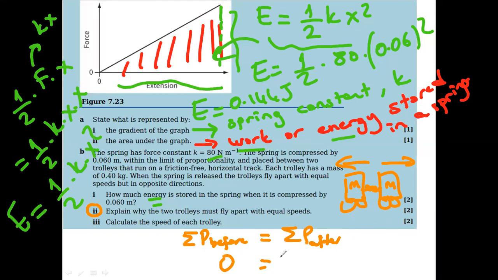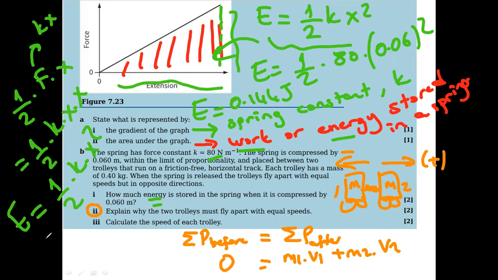So how should we have this one? m1 times v1 plus m2 times v2. If we choose the right side, let's call this one m2, this one is m1. If we choose the right side as positive, the left side is going to be negative.